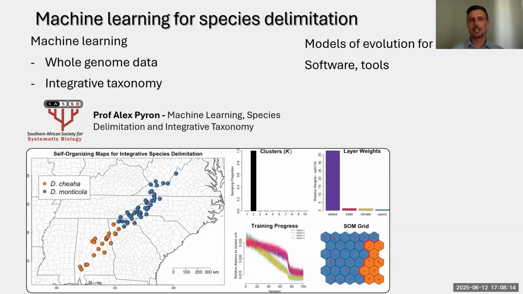Machine learning for species delimitation, I really enjoyed one of the previous seminars, which was discussing exactly this.